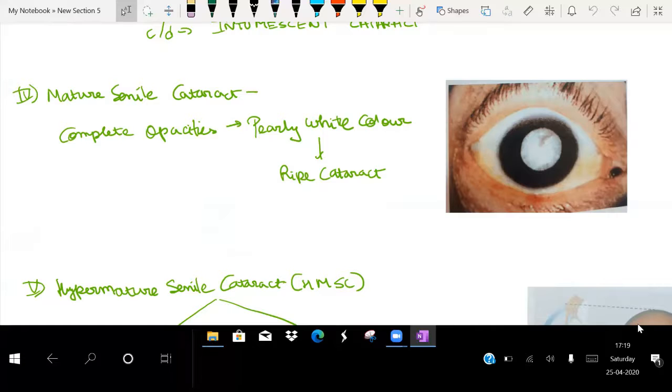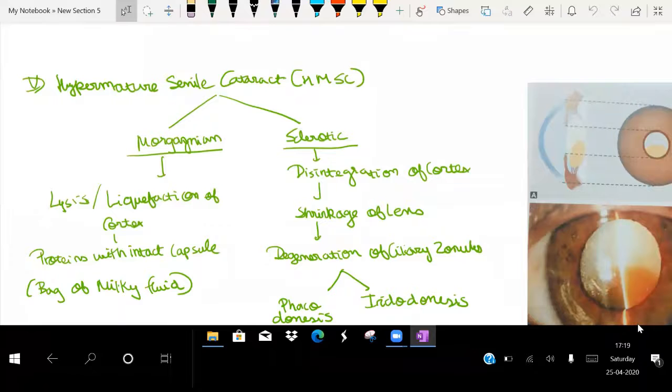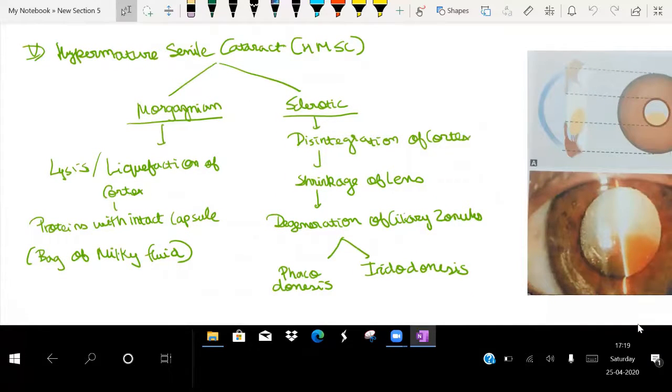The fifth and the last stage is the hypermature senile cataract. In hypermature senile cataract, we have two types: the Morgagnian type and the sclerotic type. In the Morgagnian type, there is liquefaction or lysis of the cortex. The proteins with intact capsule can be seen, visible as a bag of milky fluid.